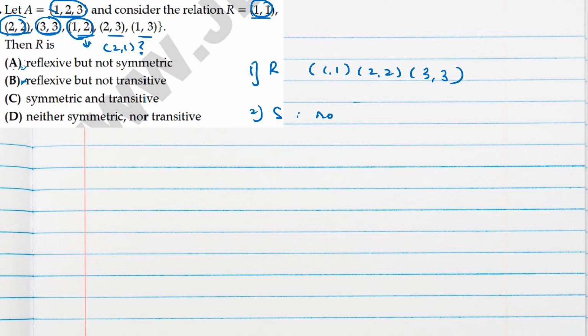For any one element, if you can't find the respective element (2,1), you can write it is not symmetric, because symmetric and transitive relations are conditional statements. So the A option will come: it is reflexive but not symmetric. Transitive also you can check: (1,2) is there, (2,3) is there and (1,3) is also there.